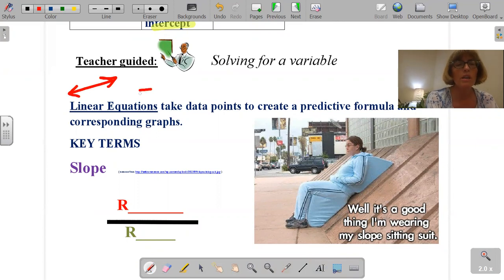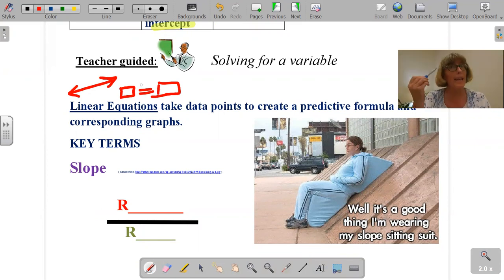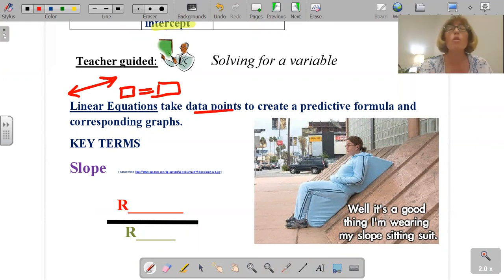An equation means two things which are equal. So it's two things which are equal that make a line. And it's a set of data points to create a predictive formula and corresponding graphs. All lines communicate something.